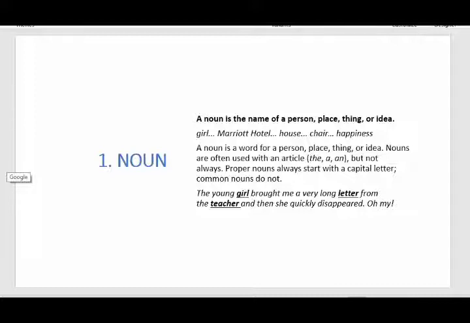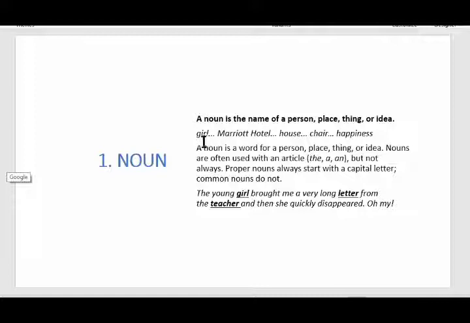First one is noun. A noun is the name that you give to either a person, place, thing, or idea. For example, my name is Anusha, so that is a name given to me and it is a noun. Similarly, if I am just talking about someone anonymous, I can say I met a girl.